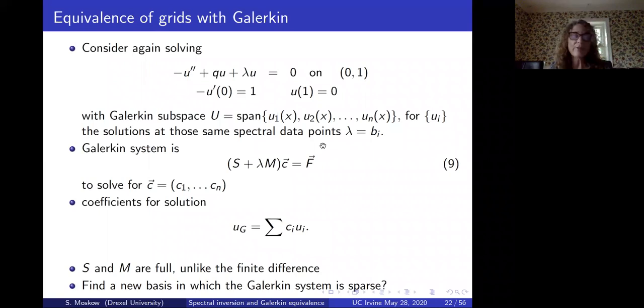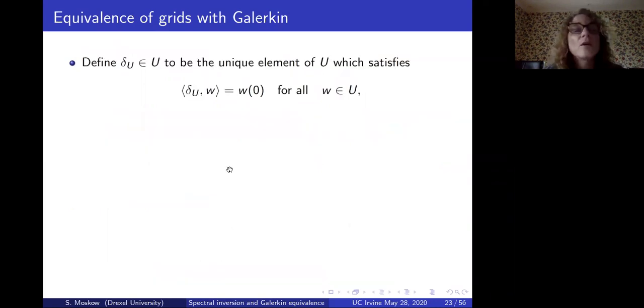So here's a question: can we find a new basis in which the Galerkin system is sparse? And there's a reason for this other than just wanting to work with sparse systems. So imagine we take a delta function, since essentially the source is a delta function at 0.